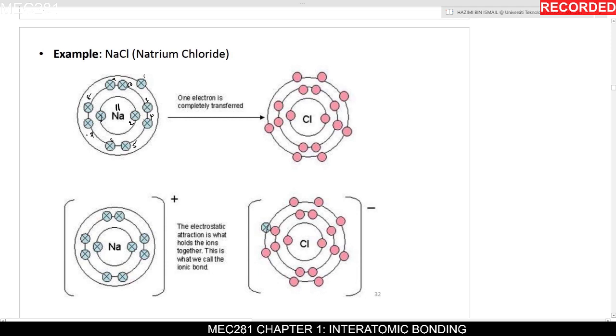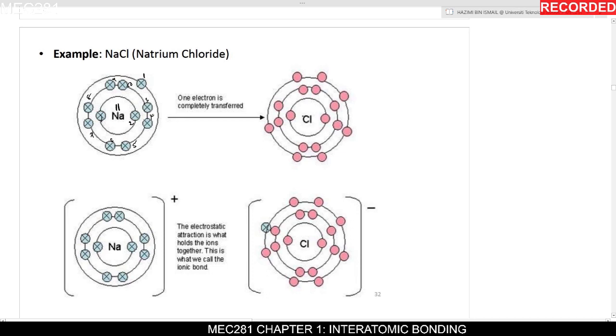So when we total up, we get 11 electrons. There is only one at the outer shell, so it has the electropositivity to release this electron to other elements so that sodium will get stable. That's why it will donate, release, or give it to electronegative elements such as chlorine.